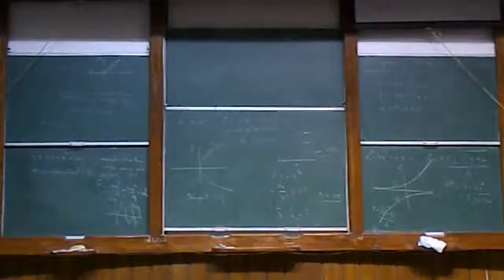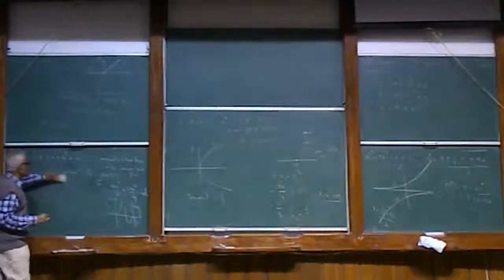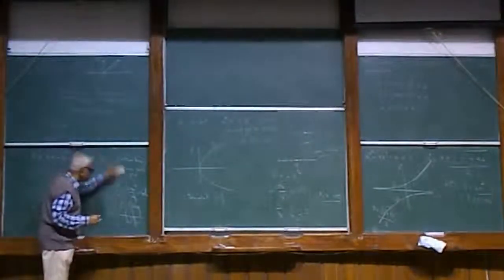I have put in an external field, so the zero field transition has been made murky by an additional little bit of external field. So that's why it pays to look at this with little care.